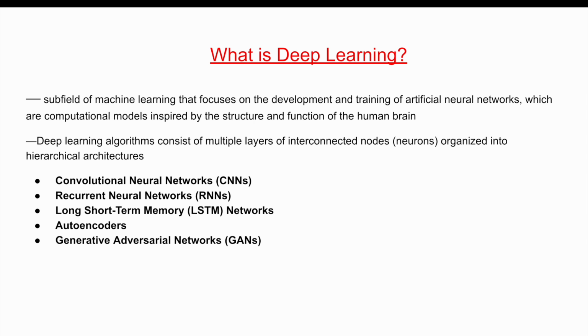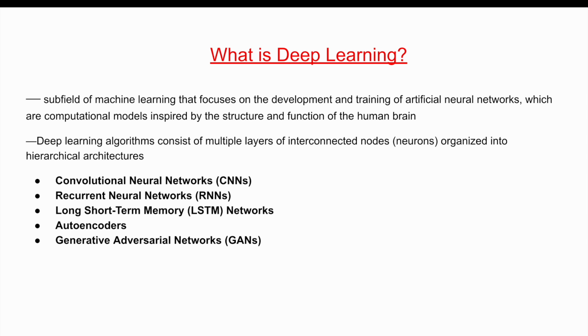They are characterized by feedback loops that allow them to maintain and update an internal state based on previous inputs. We'll see that as we continue with our journey on PyTorch.